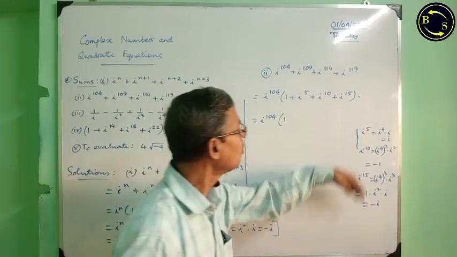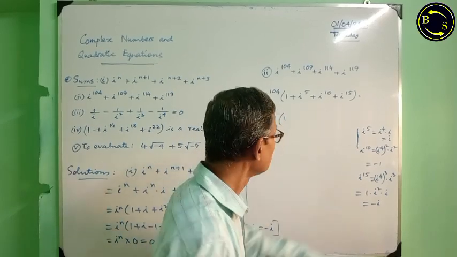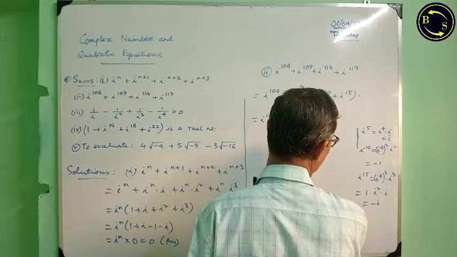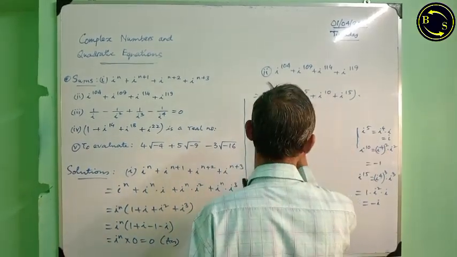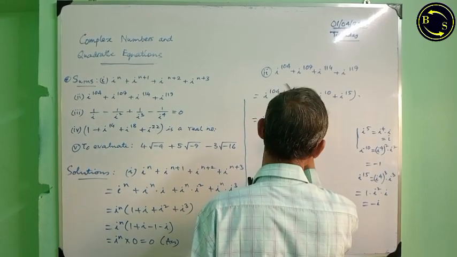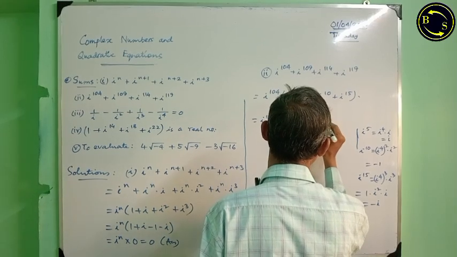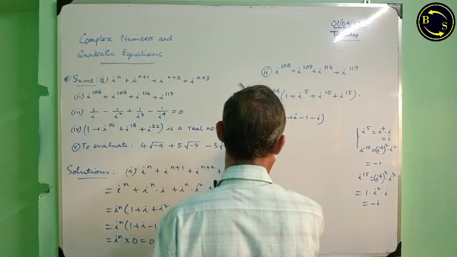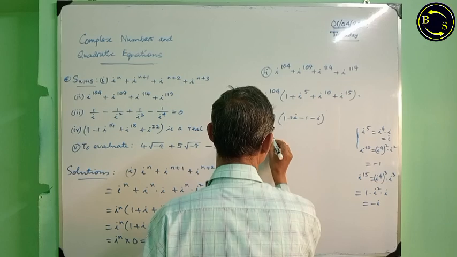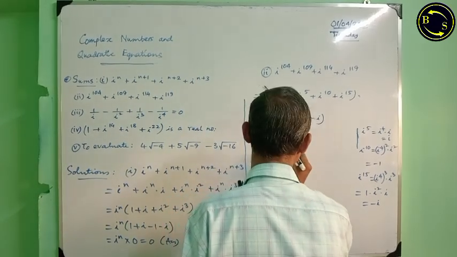I have calculated all these values: i to the power 5, i to the power 10, i to the power 15. Then we put the values: i to the power 5 is i, i to the power 10 is minus 1, minus i. Cancelled.